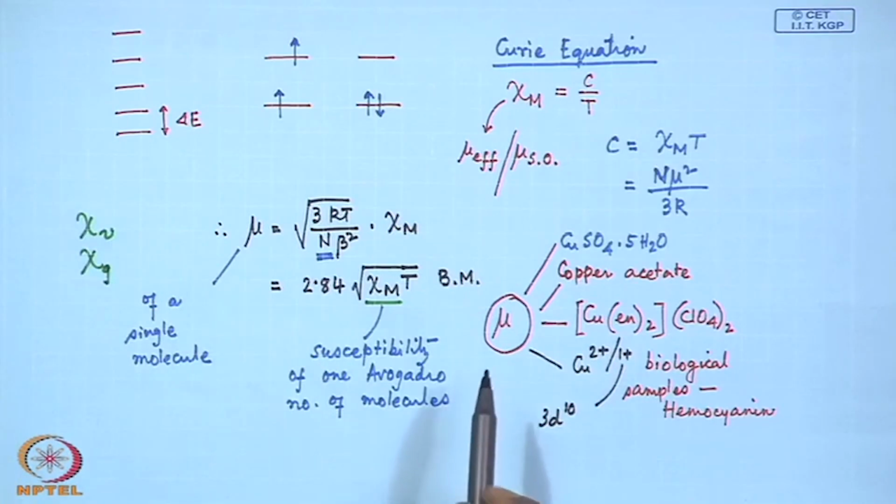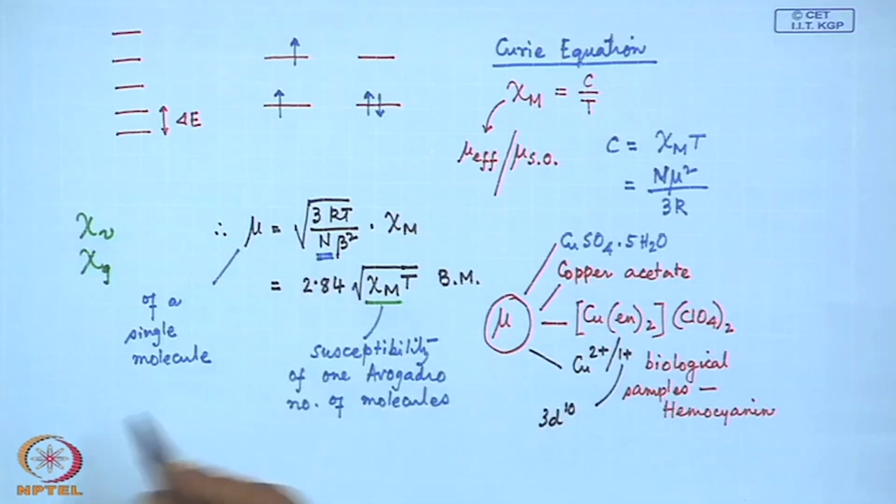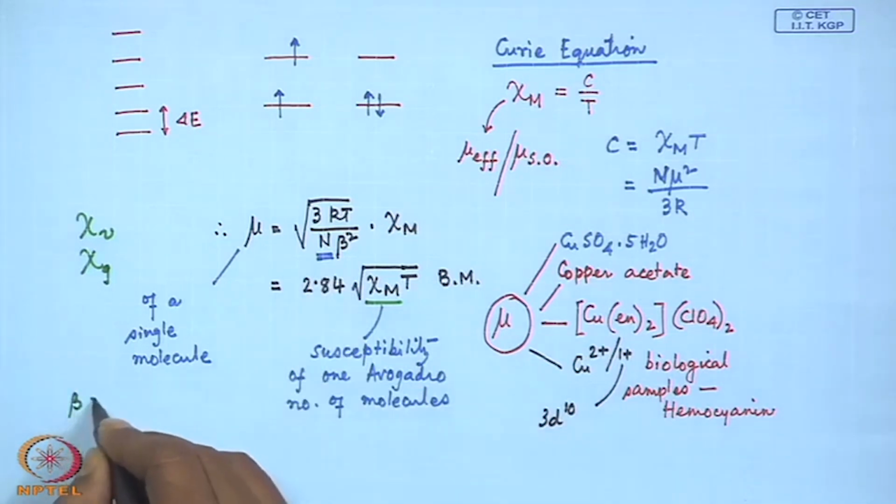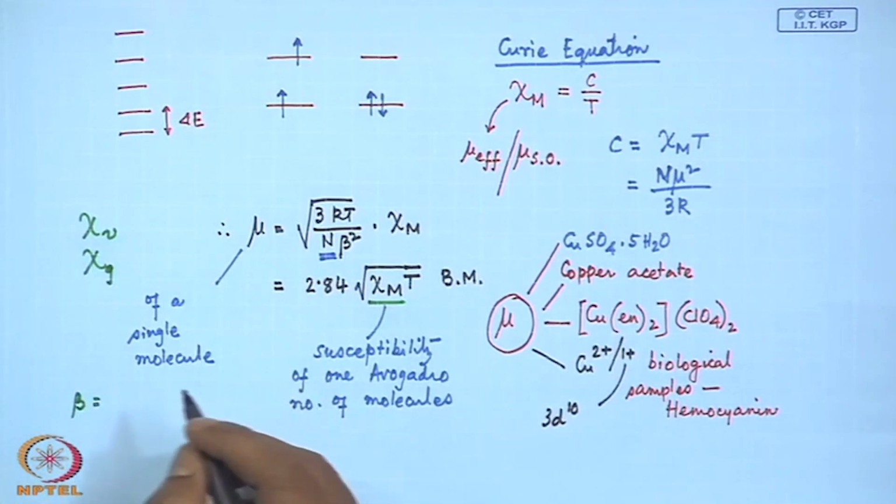So we have the typical constant, that means the Bohr magneton, the beta value. We can have SI units and non-SI units.